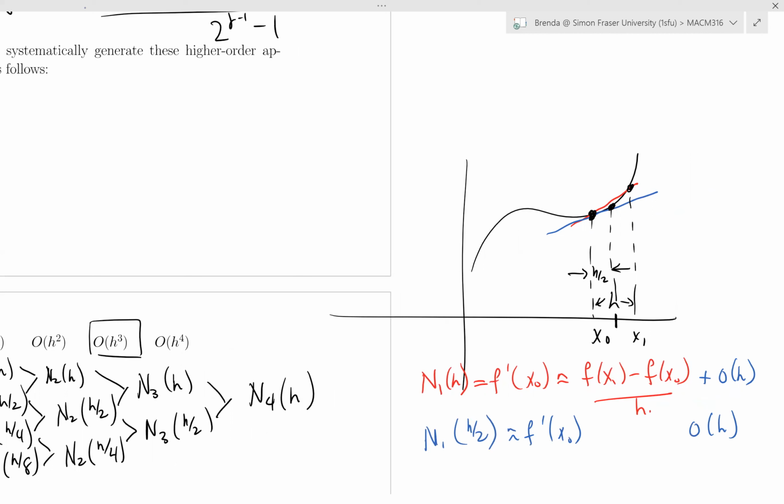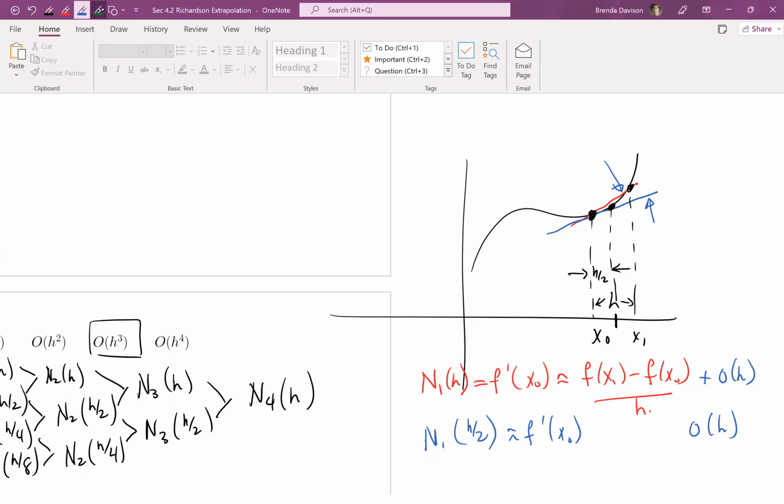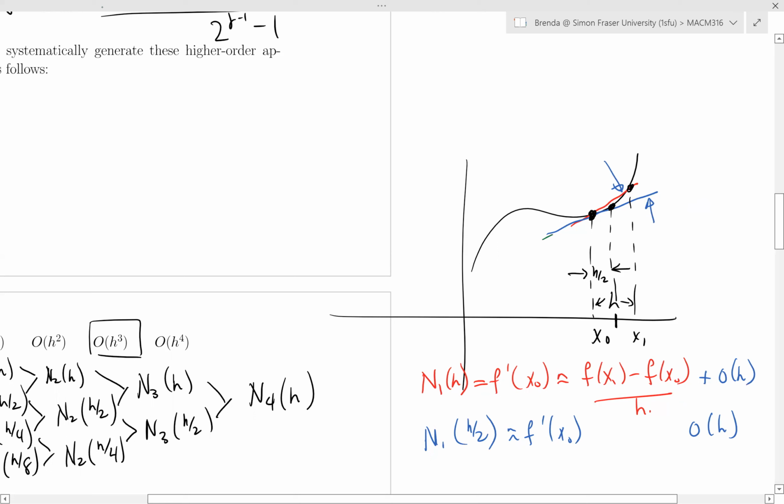Then what you do is you algebraically do what I did, combining these two lines. So you take some amount of that one and some amount of that one, and you get a better approximation. If you do it in the way that we just went through, you get an O(h squared) approximation. So you're taking some other line here, like that, which is a combination of those. It's better, the O(h squared) approximation.